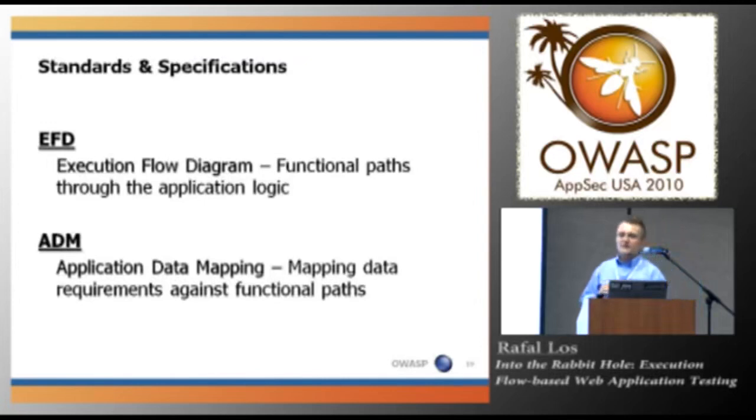And if you have really complex applications, if you run in the millions, you might want to start segmenting things. And an application data map, which is a mapping of data requirements against functional paths. So if you look at the application, how do I get from here to here? What data is required to make that continuity? What data is required along that path?